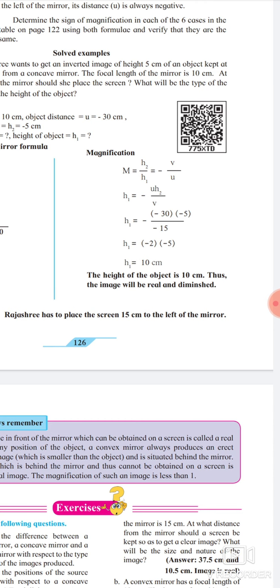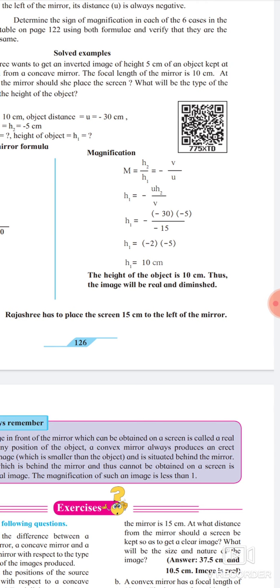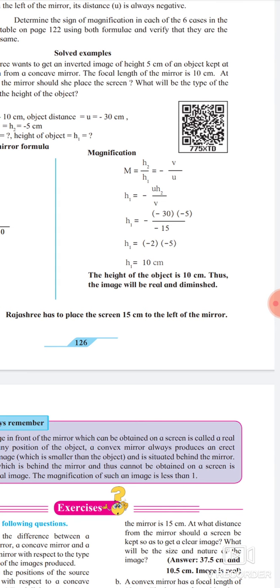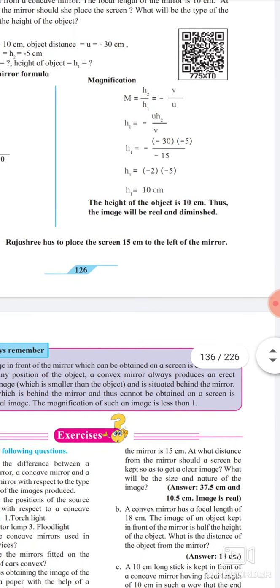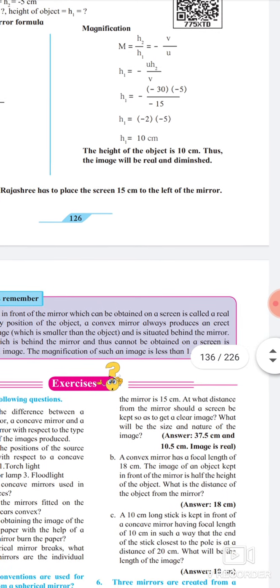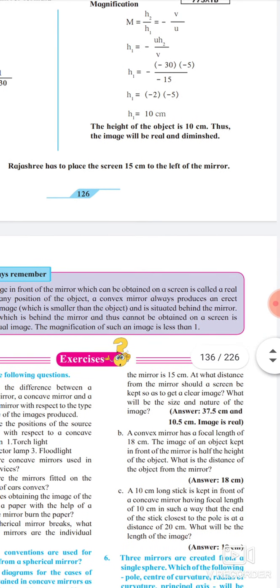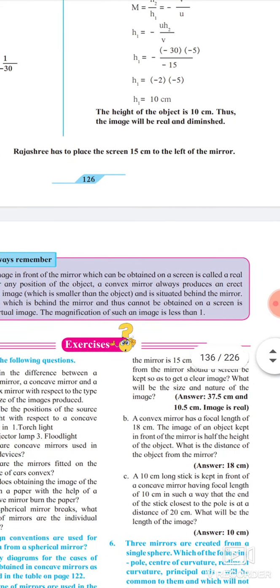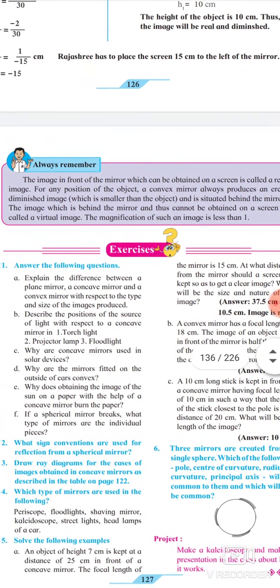From that you have to find out the value of h1. h1 is equal to minus u h2 upon v. So what is the value of u? Minus 30. Then h2 is equal to minus 5 upon minus 15. By solving this, you are getting h1 is equal to 10 centimeter. That means the height of the object is 10 centimeter, and thus the image will be real and diminished.